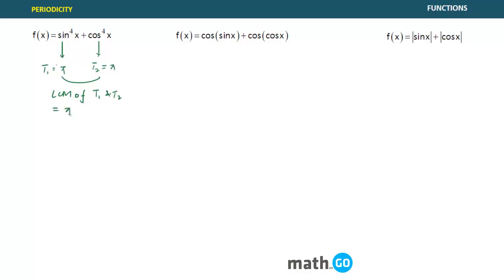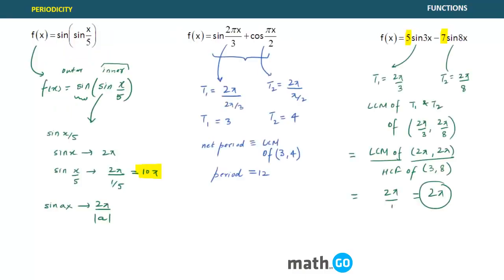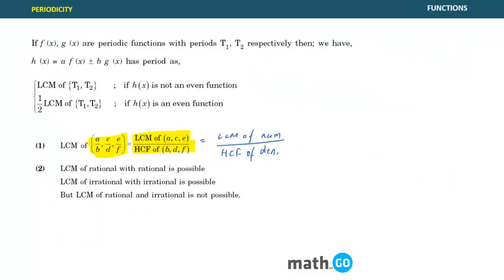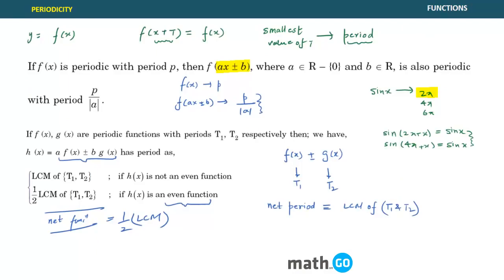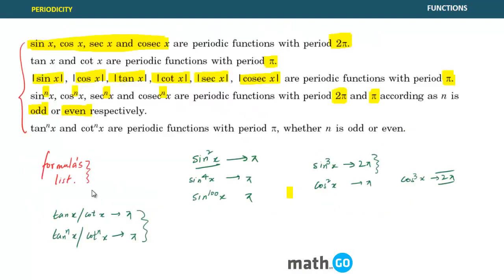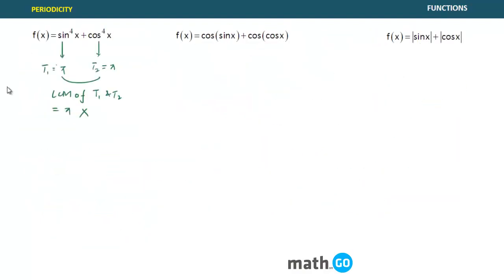So you should have said the answer is pi, but this is the wrong answer. Remember, the answer is not pi here. I highlighted a particular formula in this slide: if h(x) is an even function, that is this complete function is even, then the answer is half times LCM of T1 and T2. So now let me show you how we apply this here.